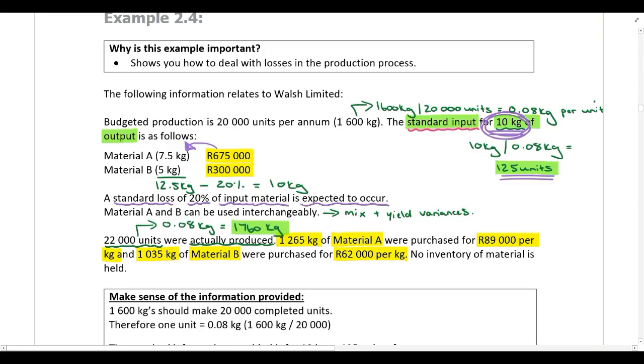In order to achieve this standard output of 10 kilograms or 125 units, this is what is required to be input into production. So, based on this information that we've been provided with over here, we know that when 12.5 kilograms of material are input into production, 7.5 kilograms should be material A and 5 kilograms should be material B. That is your standard mix, all right?